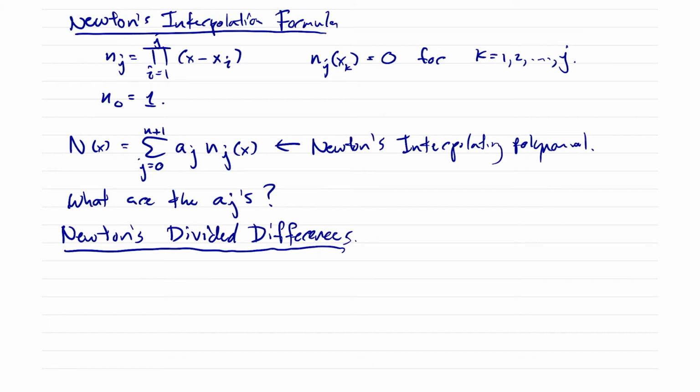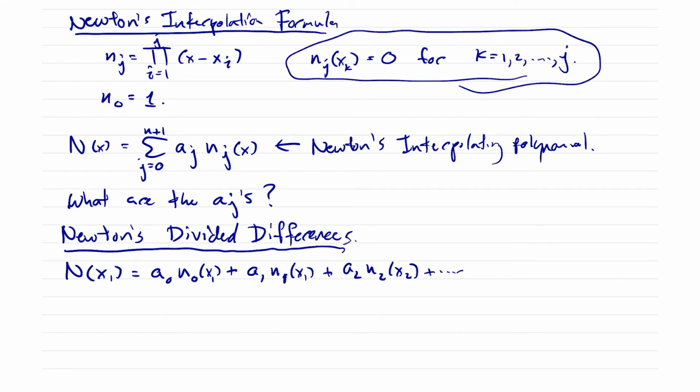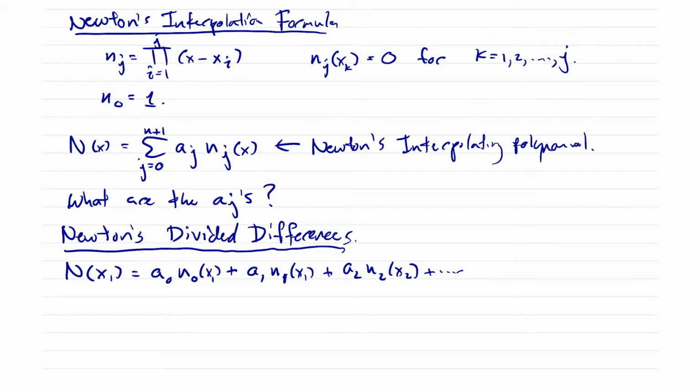So for instance, if I take a look at N of, say, x1, well, we know that this is going to be a0 times N0 of x1 plus a1 times N1 of x1 plus a2 times N2 of x1 and so forth. But we just said above that most of these are going to be 0 at x1. So this is 0 and this is 0.